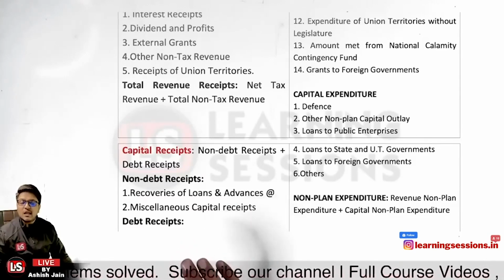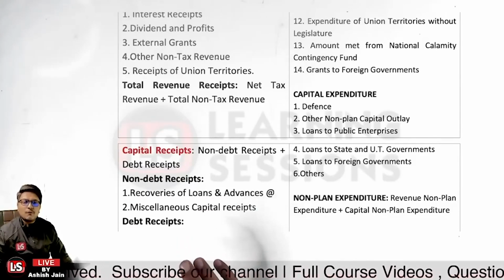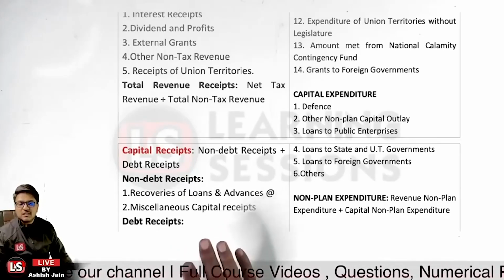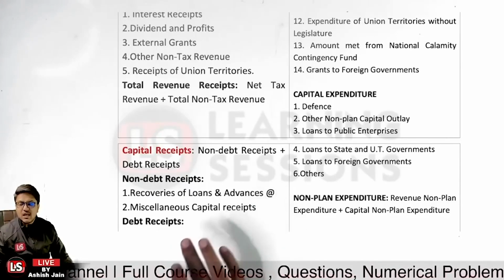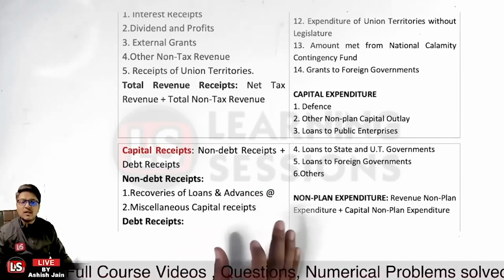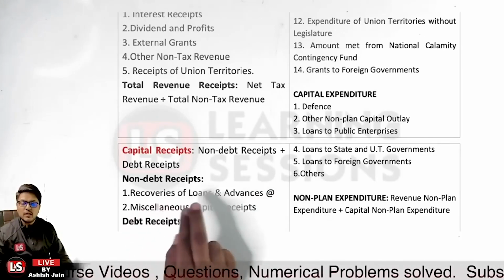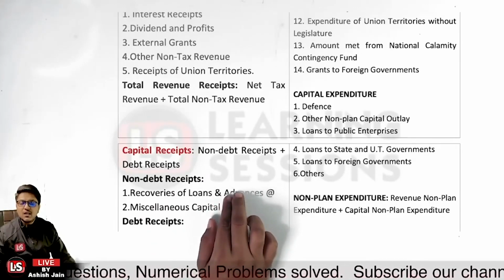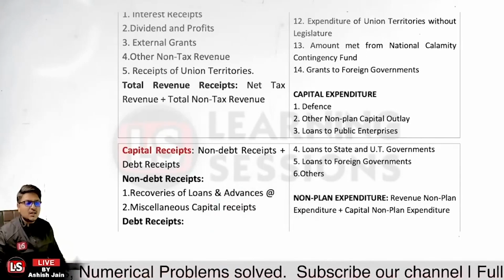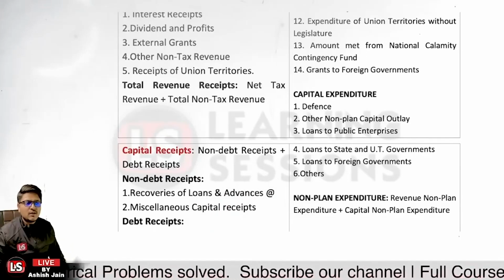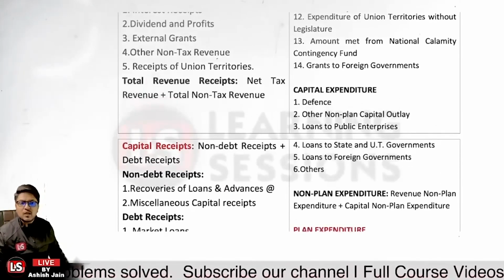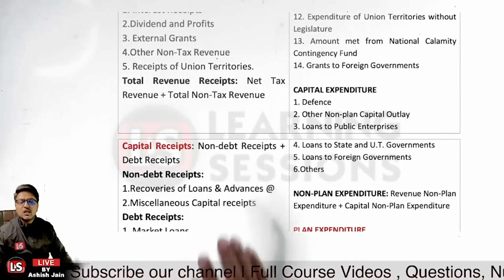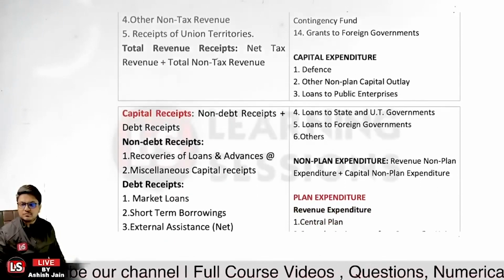So let us take the case that if you have received the recoveries of loans and advances, but I already told you that in this particular case, recovery of the short-term borrowings will not be considered, because we have already considered it under the non-tax revenue under the revenue receipts. Is that clear? Further, if it is related to miscellaneous capital receipts, that will also be covered over there.